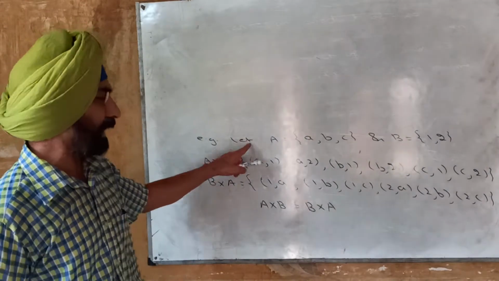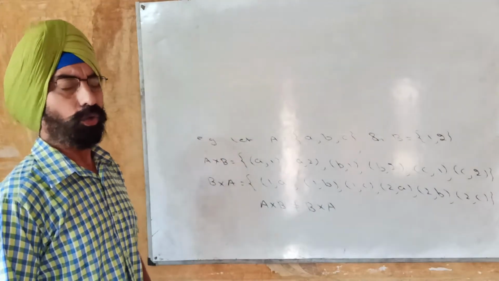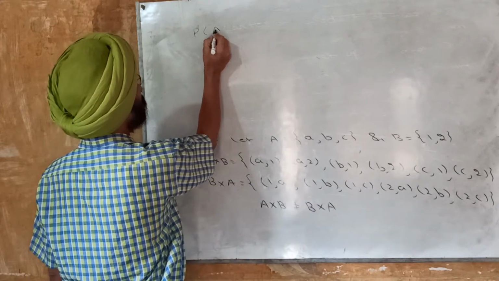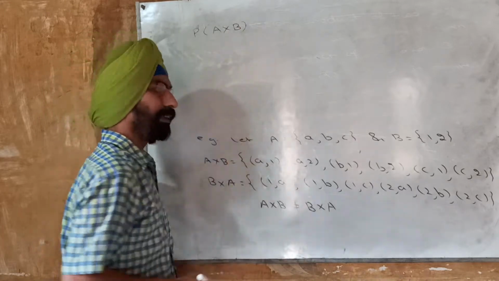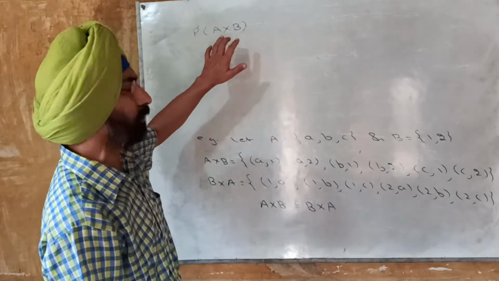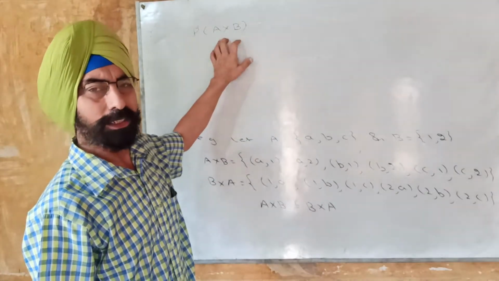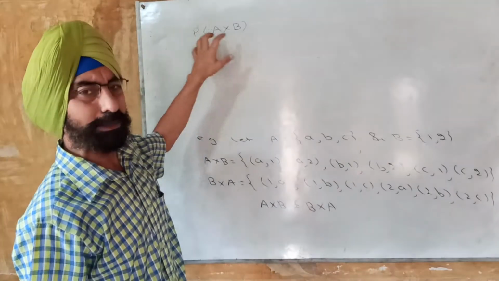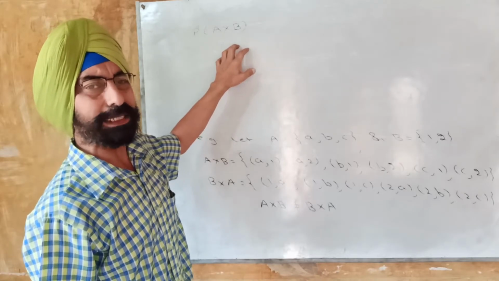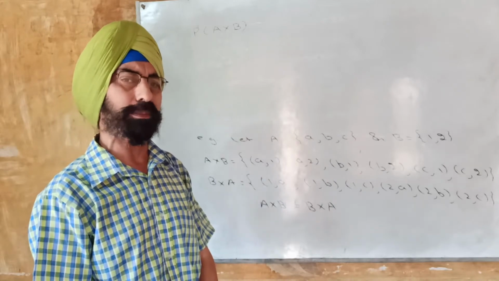Now, another thing, I am writing the set here. This is your A, this is your B, this is your A cross B and B cross A. What is the power set of A cross B now? We know that the power set of a set means the collection of all the subsets of that particular set. Here the particular set is A cross B. So when we write P(A cross B), that means power set of A cross B, it will mean the set of all subsets of A cross B. And how many subsets of A cross B will be there?